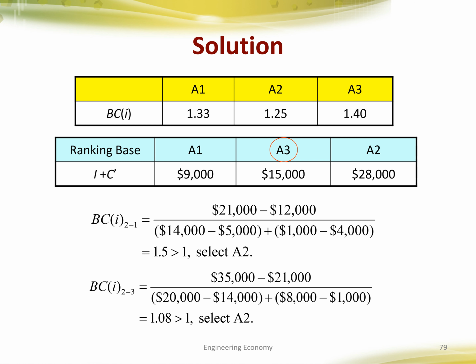We've already known that, and that conclusion should be consistent with whatever approach we are taking to come up with the right selection. So incremental analysis on benefit cost ratio can also bring us to the same decision. That is, alternative A2 will give us the best benefit cost ratio.